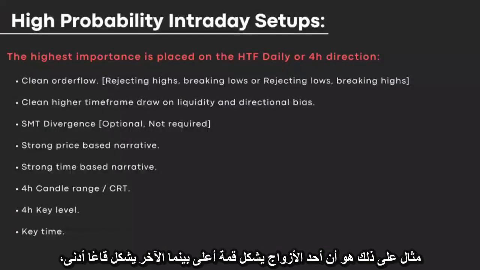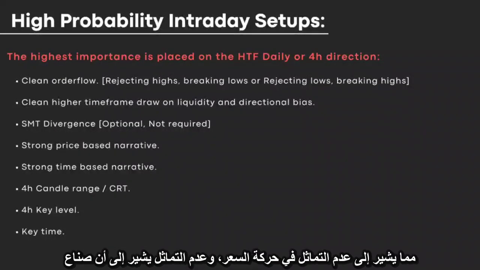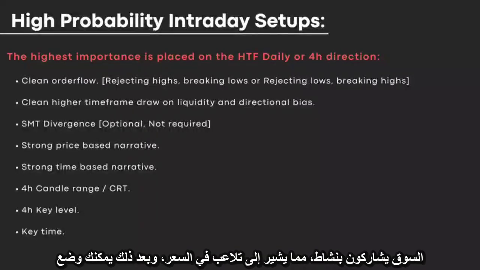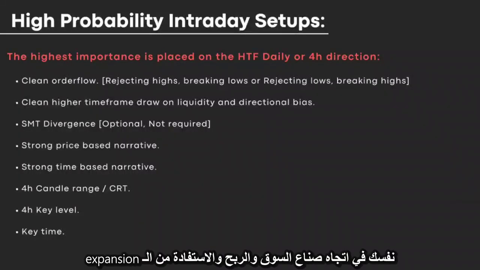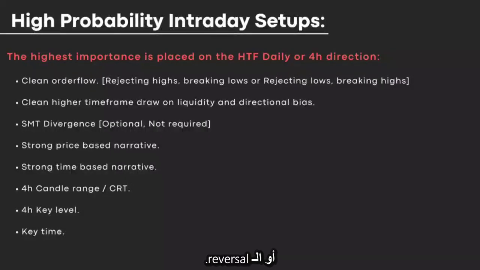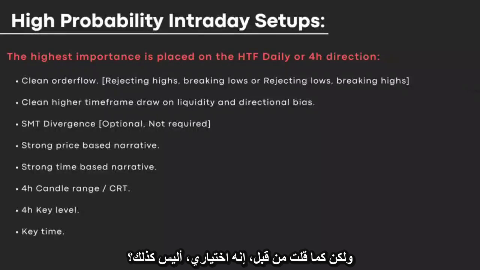An example would be that one pair makes a higher high while the other one makes a lower low, which signals non-symmetry in price action, and non-symmetry suggests that the market makers are actively participating, which signals manipulation in price, and then you can position yourself in the direction of the market makers and capitalize on the expansion or reversal. But as I said before, it's optional, right?